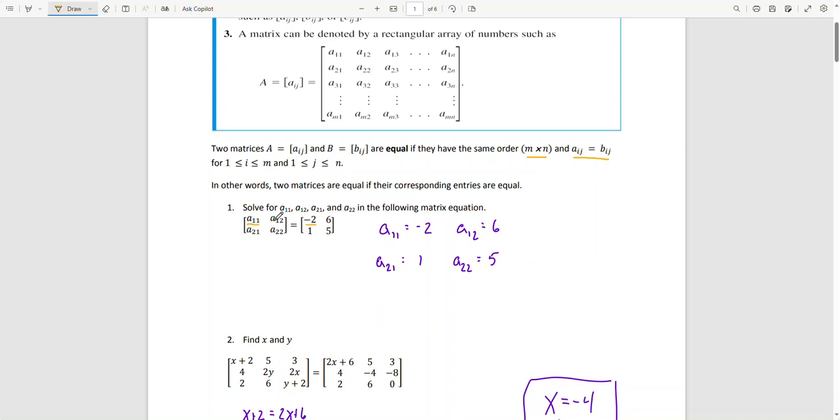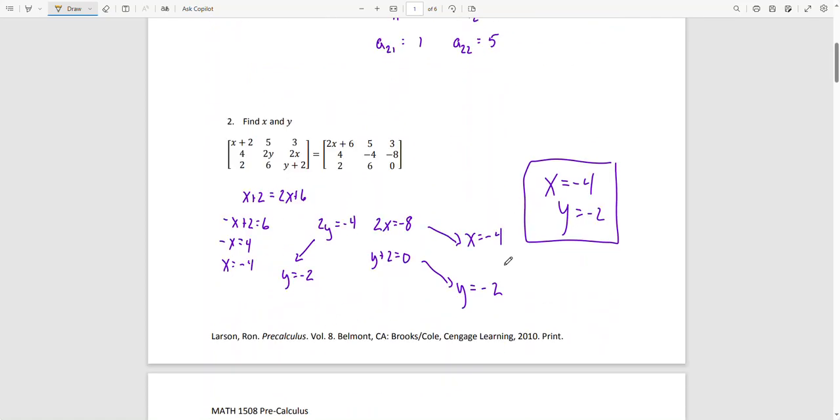All right, so component-wise, row 1, column 1 has to equal row 1, column 1. Row 1, column 2 has to equal row 1, column 2, and so on. That's all that means.